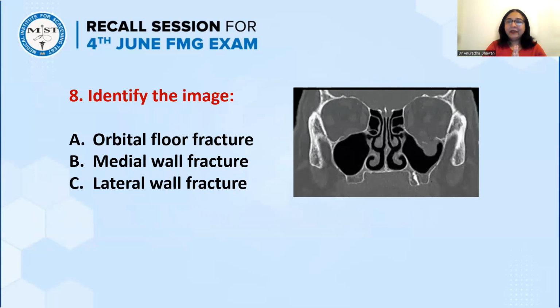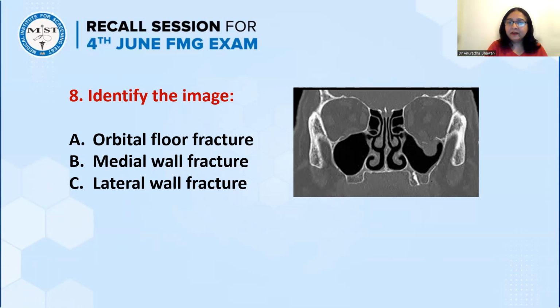Now, regarding this question, I'm a little doubtful whether it was directly image identification or whether there was a history of orbital trauma. But I think an image was given and you had to identify what fracture it is. This is again a very familiar image we have discussed in our classes.